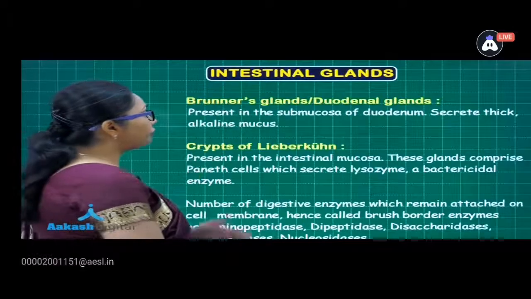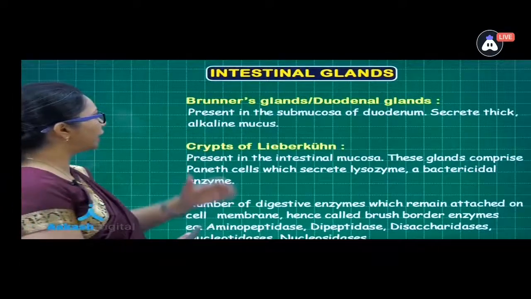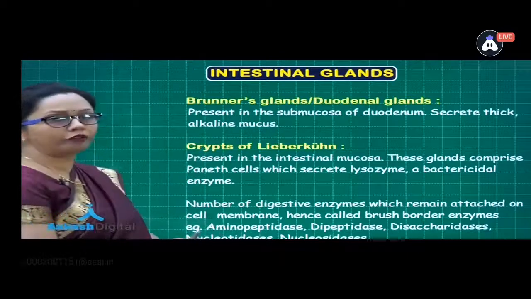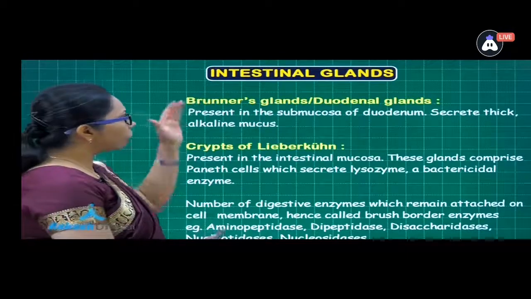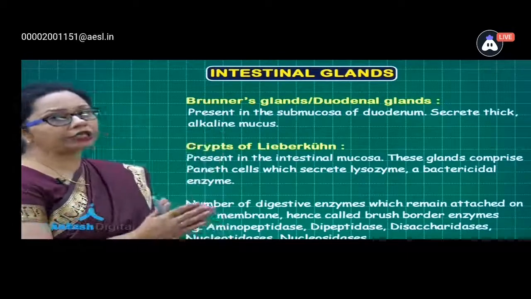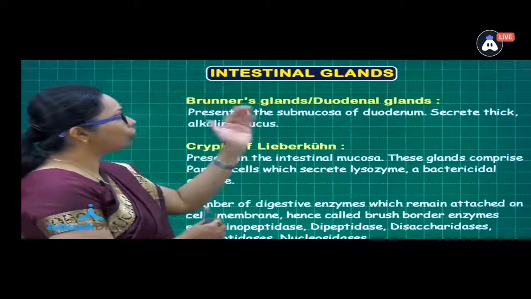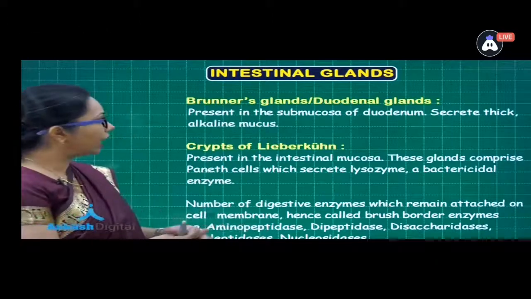Now, in the intestine, we find two types of glands, that is the Brunner's glands and the crypts of Lieberkühn. The Brunner's glands, however, are present only in the duodenum region, so these can also be named duodenal glands.